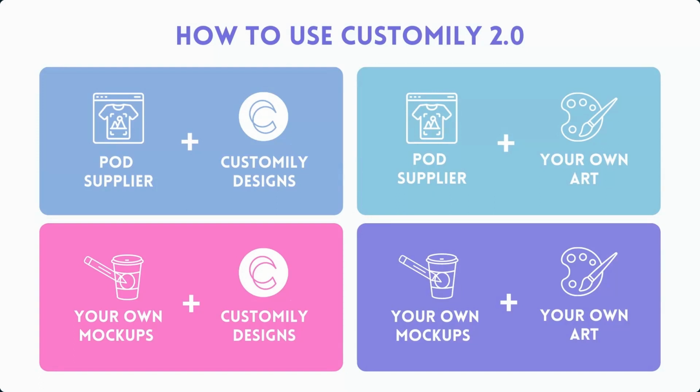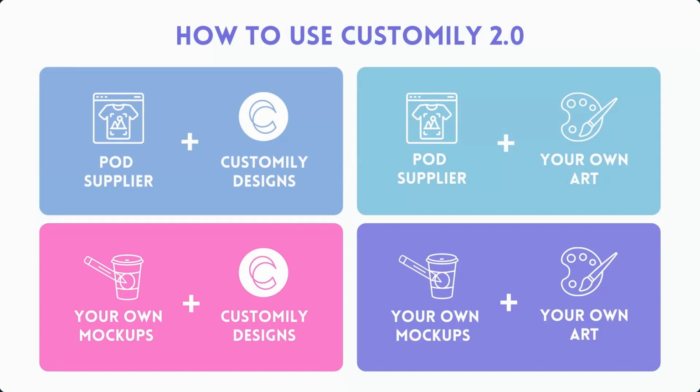Once you have all your product mockups, you can choose to add a design from the Customity library to them and then create the product and publish that really fast. Or you can, of course, add your own designs to your own products. And this will be the path that will involve a bit more time. But once you have all your product mockups and all your designs set up, it's just a mix and match game, and you'll be able to create products really fast.